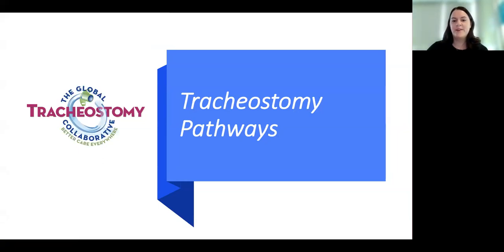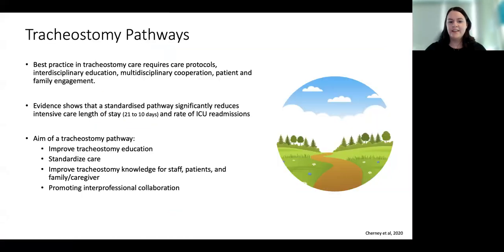Thanks, Michael. So we'll talk a little bit about the tracheostomy pathways now. It's clear that there's an increasing recognition for the need for a very coordinated and systematic approach within tracheostomy care. Throughout the presentation, we'll briefly explore some of these concepts, including the standardisation of care protocols for best practice, interdisciplinary education, multidisciplinary cooperation, and patient and family engagement.